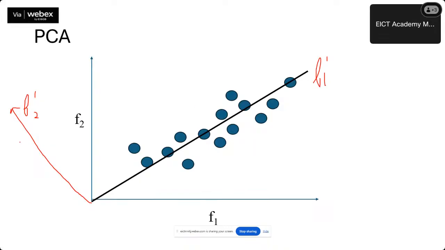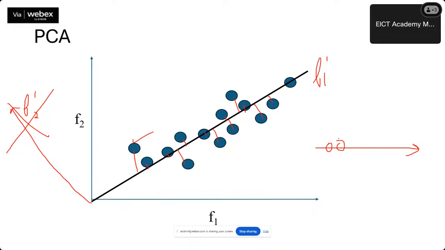But thereafter, I say that if I delete f2 and project all this data on f1 only. So basically, I had an XY, I'm not considering the Y value, I'm only considering the X axis value. So this is the only thing that I can see. I will get this kind of a distribution.